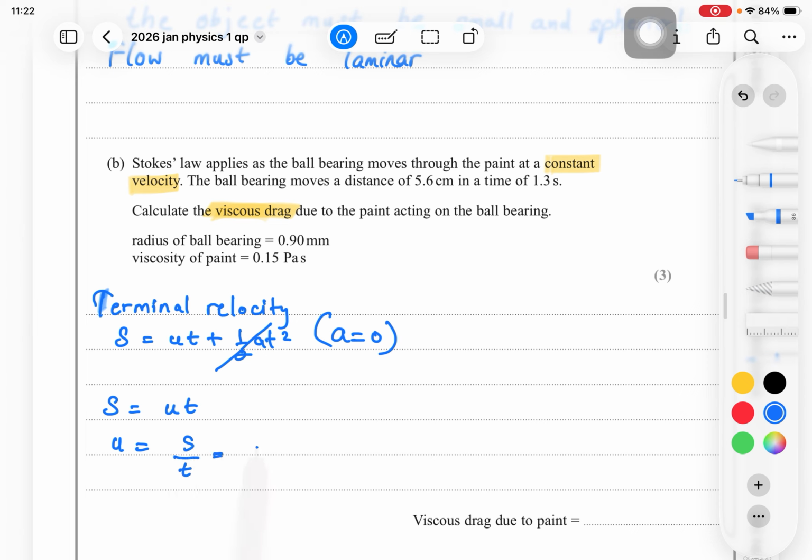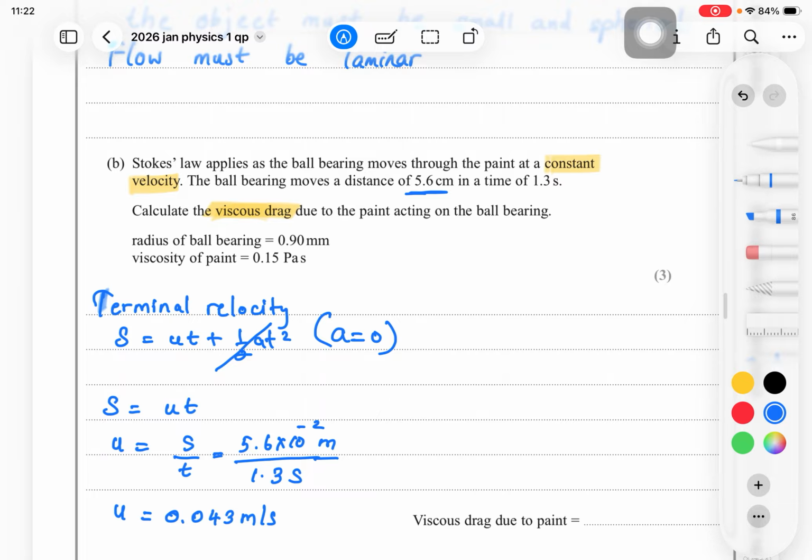Our distance is 5.6 cm, which in meters is 5.6 into 10 to the power -2, divided by the time taken, 1.3 seconds. So we get the terminal velocity, 0.043 meters per second.